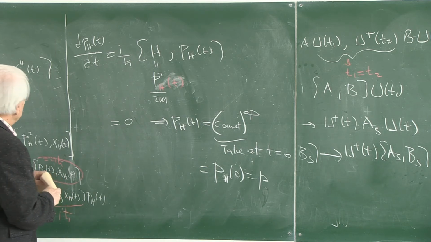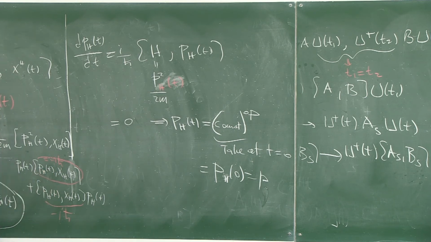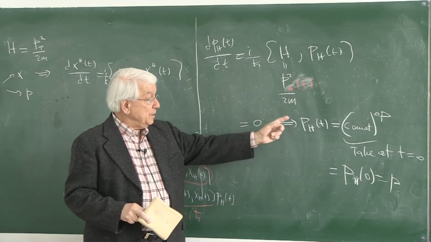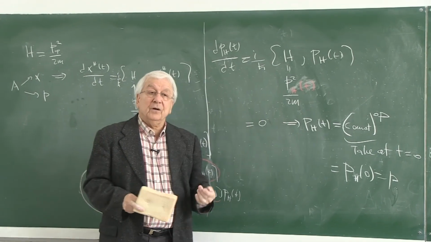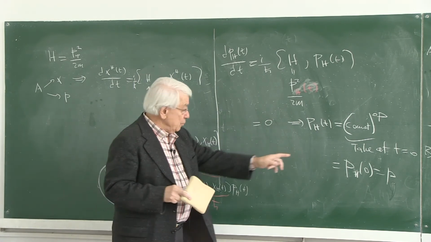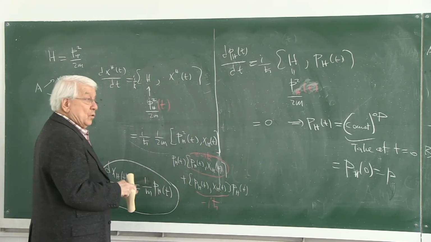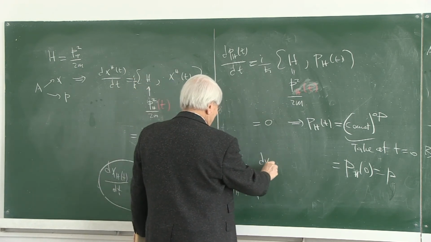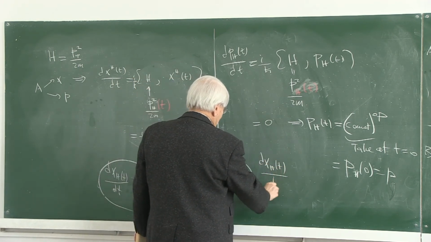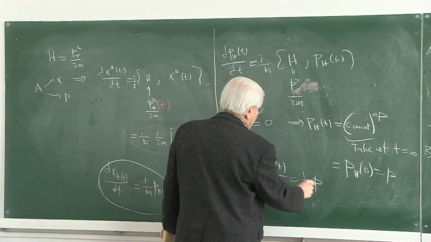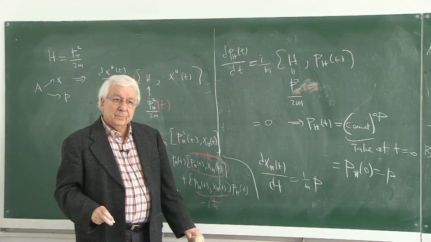So I have two equations. This first equation and this one. This was immediately solved to get that p_H of t is just the p Schrödinger operator, however. So I can substitute this in here to solve the dx. Operator, Schrödinger picture operator.